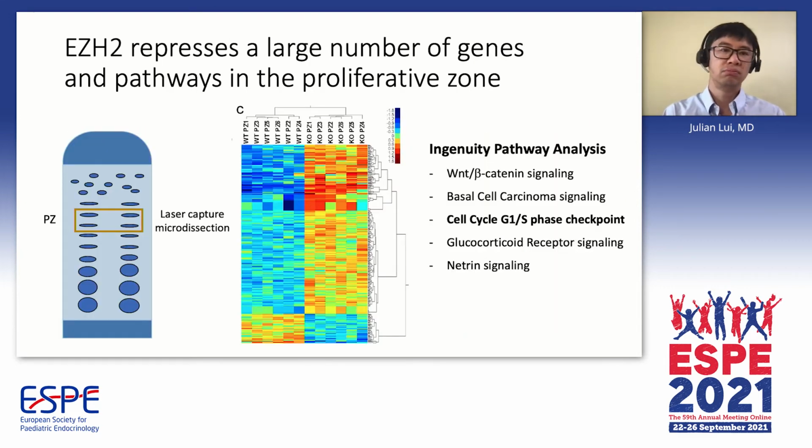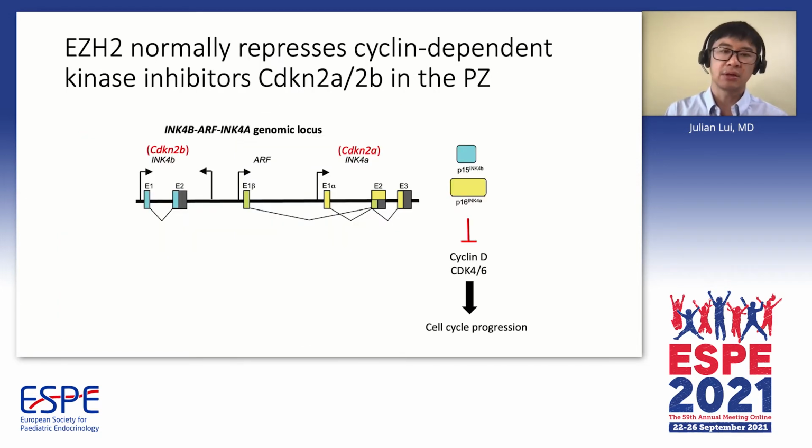So we tried to understand the mechanism of these growth plate phenotypes. And so we performed laser capture microdissection first with the proliferative chondrocytes, and we studied the transcriptome. As you might expect, because EZH2 catalyzes a repressive chromatin mark, the loss of EZH2 leads to upregulation of a large number of genes and pathways in the growth plate, including one pathway that affects the cell cycle.